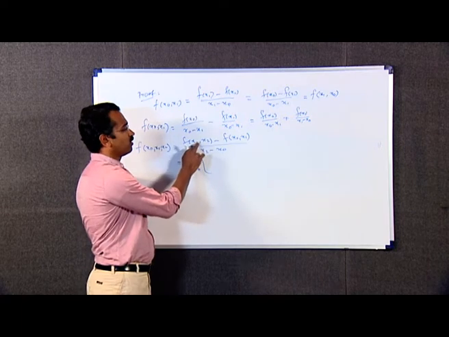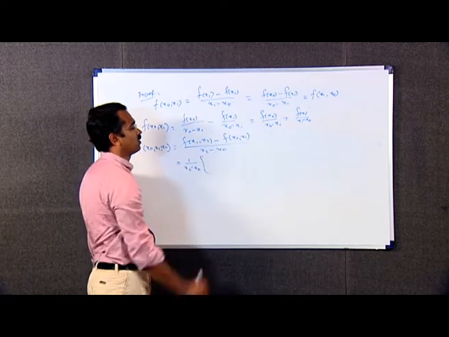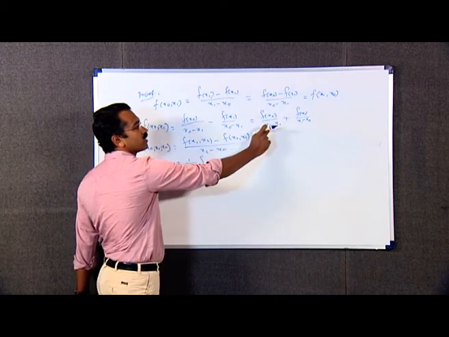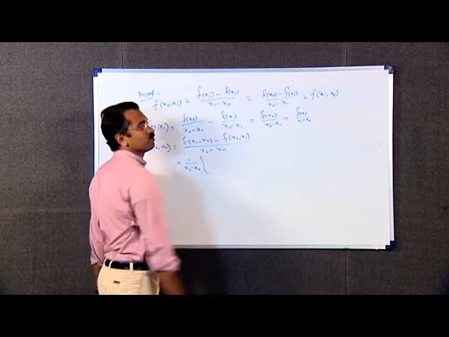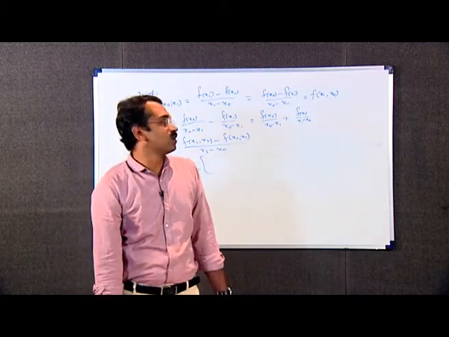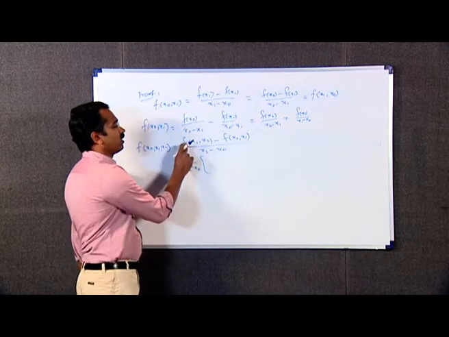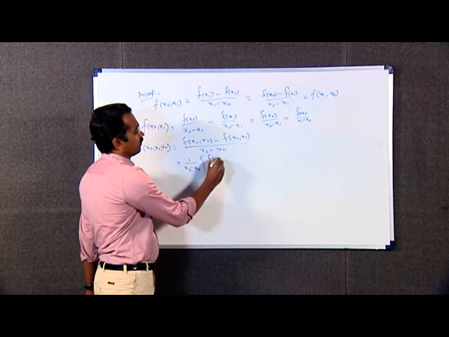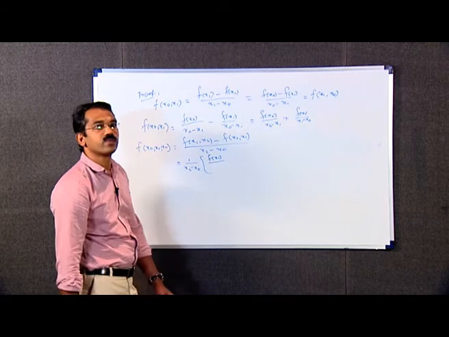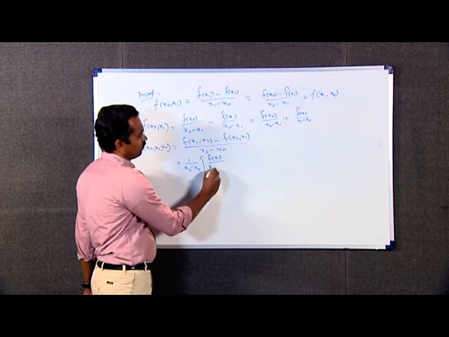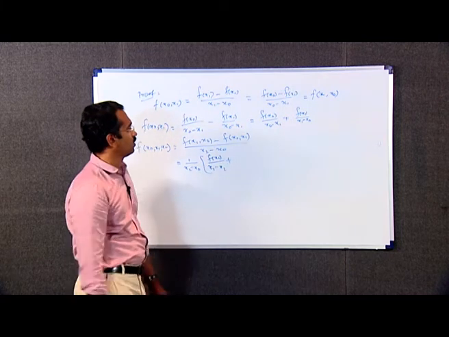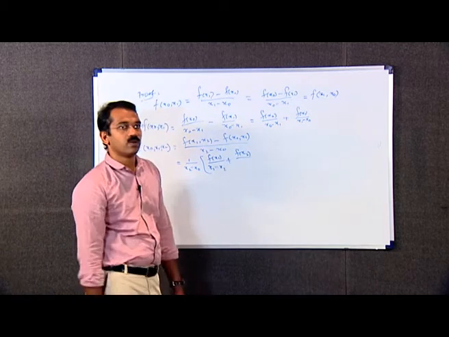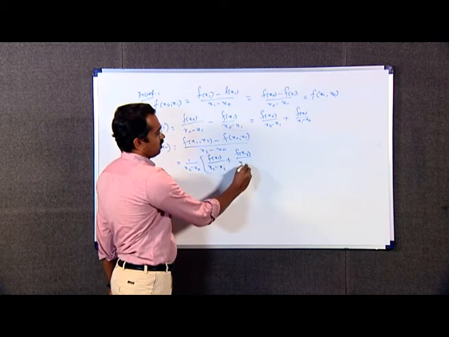We have to write f of x0, x1 like this: f of x0, x1 is equal to f of x0 by x0 minus x1 plus f of x1 by x1 minus x0. Similarly, we can write f of x1, x2 as f of x1 divided by x1 minus x2 plus f of x2 divided by x2 minus x1.